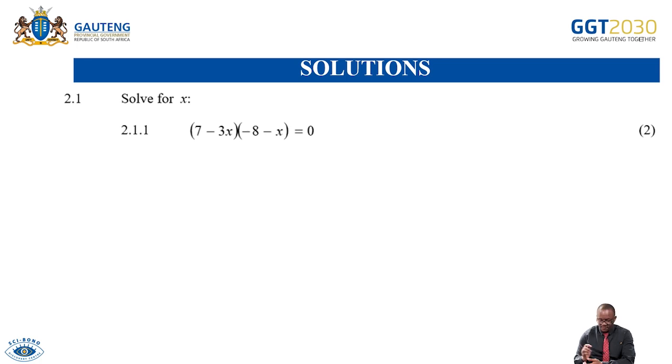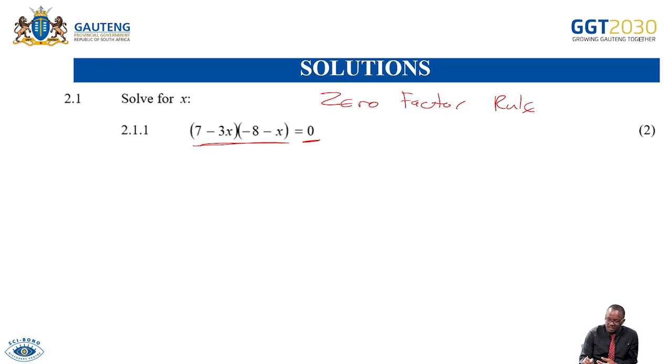So here, for the fact that this is equal to 0 and those brackets are already factorized, and the brackets are equated to 0, then we use what we call the zero factor rule. There is no need for us to expand.